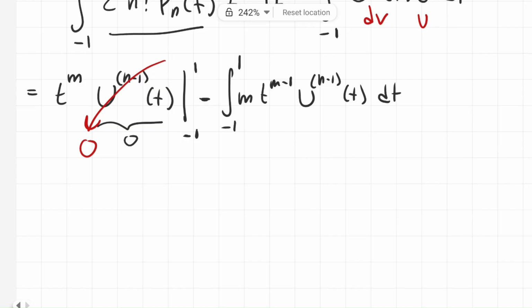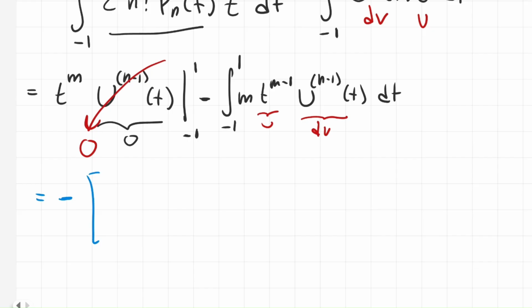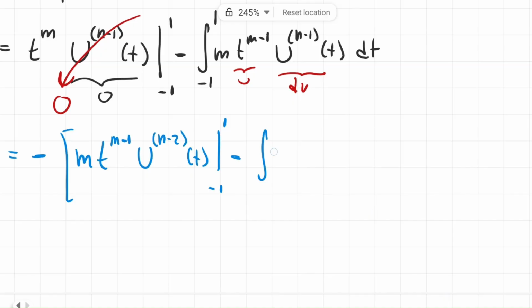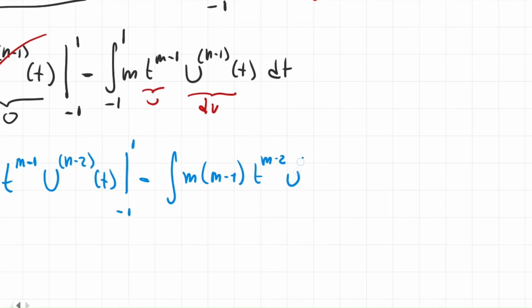Perfect. So what happens if we integrate by parts again? Well, we are going to consider this as the u, and then this as dv, and then this will take us to a minus here, and then u, which is going to be m times t to the m minus 1, and then v, which is u to the n minus 2 of t, just by the same reason we mentioned before, evaluated at -1 and 1, and then minus the integral of m times m minus 1, t to the m minus 2, and then u to the n minus 2 of t dt.